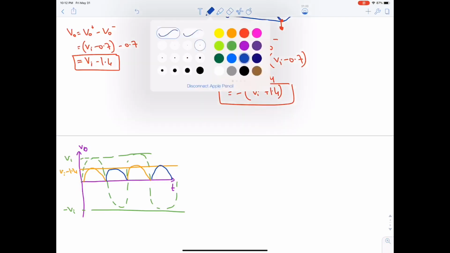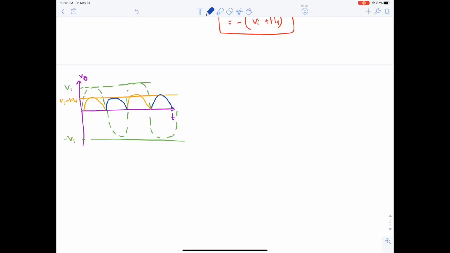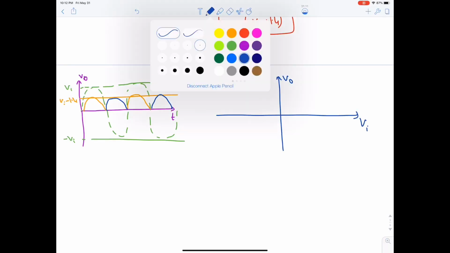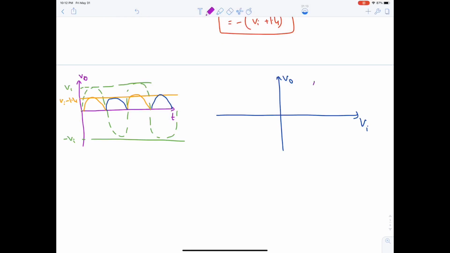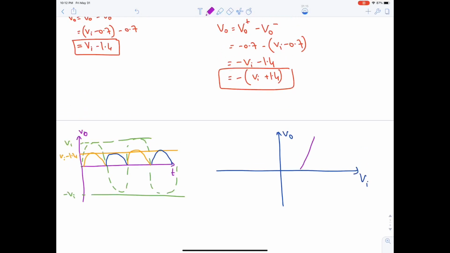Now, transfer characteristic. If Vi is positive, then V output will be Vi minus 1.4, and if Vi is negative, then the output will be Vi plus 1.4, and it's flipped, so it will be like this: Vi plus 1.4.